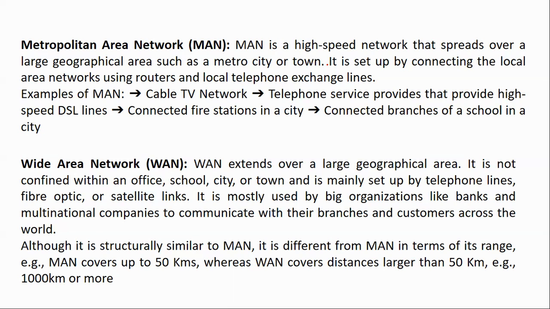Although it is structurally similar to MAN, it is different in terms of range. MAN covers up to 50 kilometers, whereas WAN covers larger ranges, for example 1000 kilometers or even more. This is the benefit seen in the WAN network.